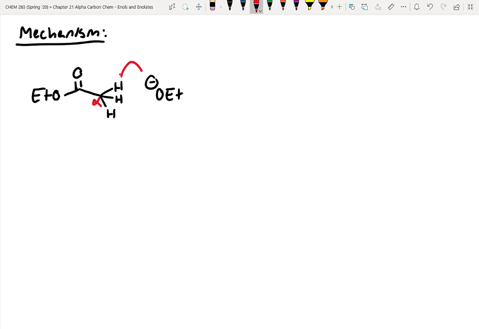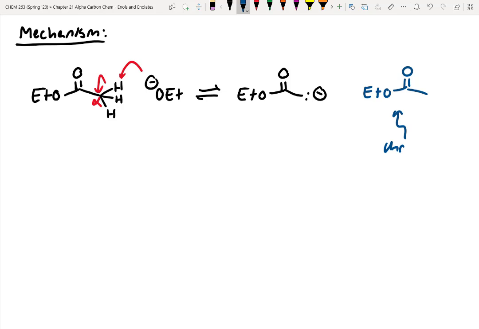In this case, it's going to grab one of these alpha protons, and under equilibrium, we'll create a portion of our enolate. Like I said before, you can show either resonance structure, doesn't matter to me, and you can assume that there's going to be some unreacted starting material. So not all of it forms our enolate, only a portion of it does, but the portion that forms the enolate can attack in and kick electrons up to that oxygen.